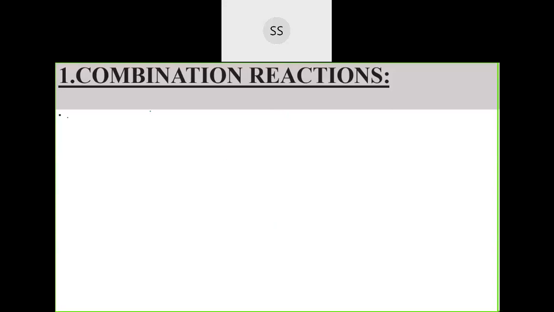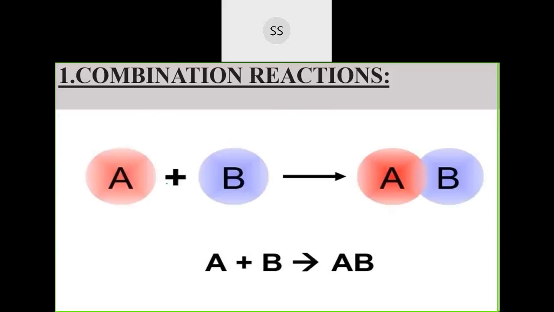If I have a reactant, let me assume one reactant as A and the other reactant as B. These two are combining together, means they are just clubbing them together to form AB as a product. Then such type of reactions come under the category of combination reaction. So A is one reactant, B is one reactant, club them together to form the compound as AB.